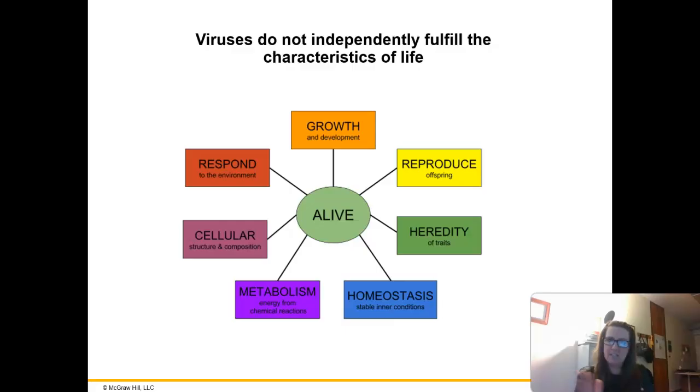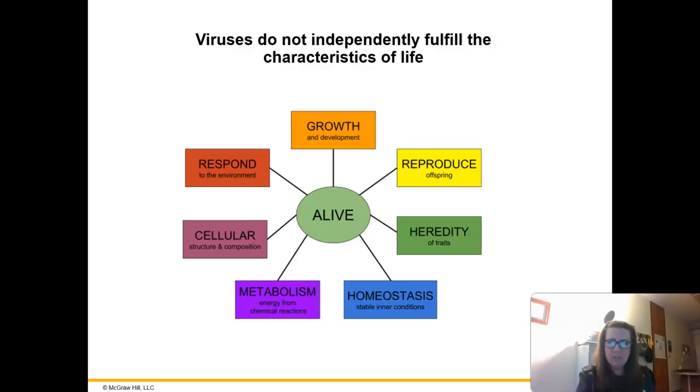Yes, we know there's asexual reproduction and sexual reproduction, and in bacteria we know there's conjugation. That's still what we would call reproduction. Heredity of traits, so we pass down our traits, and we don't need other machinery outside of ourselves to do that process. Homeostasis, maintaining the stable internal environment, that's super important for living things, not for viruses.